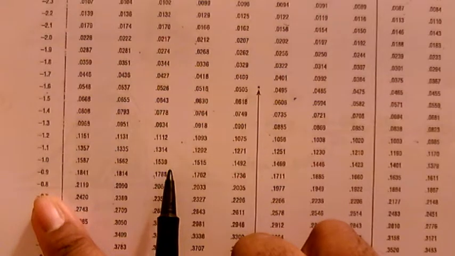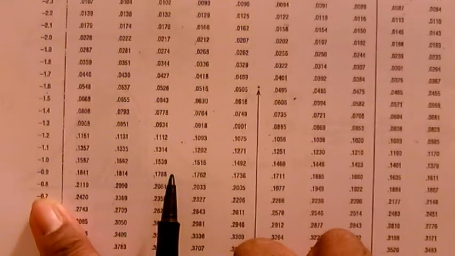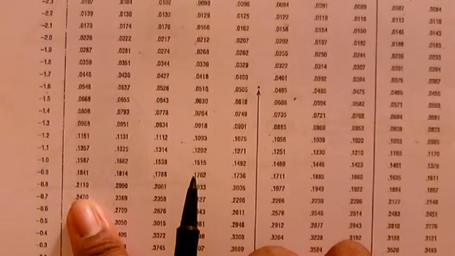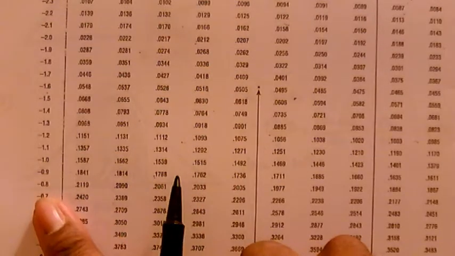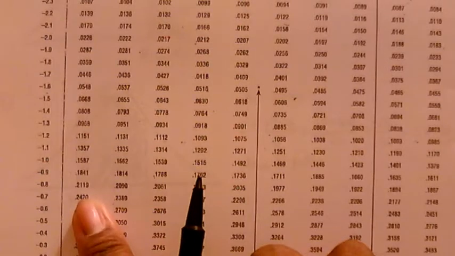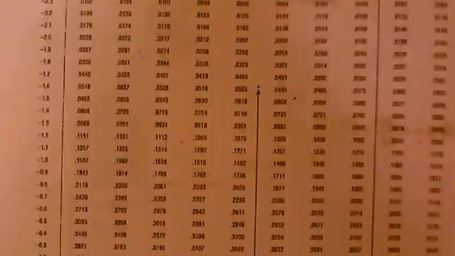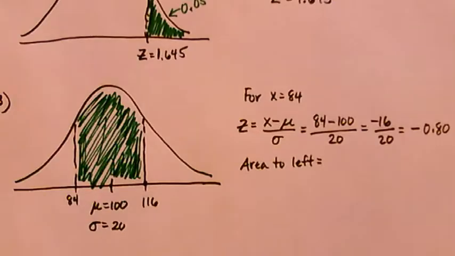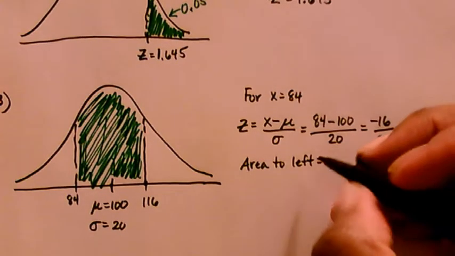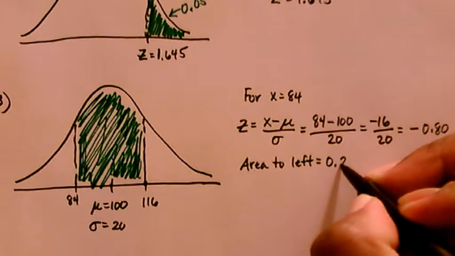Negative 0.8, and then 0.00 is the first column. That decimal value for negative 0.8 would be 0.2119. So the area to the left is 0.2119.